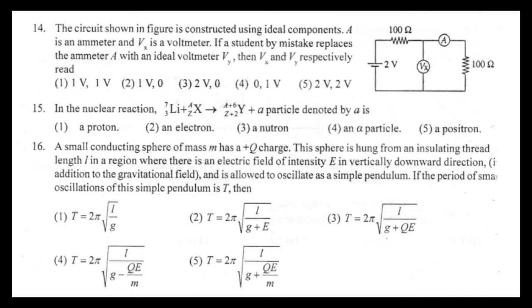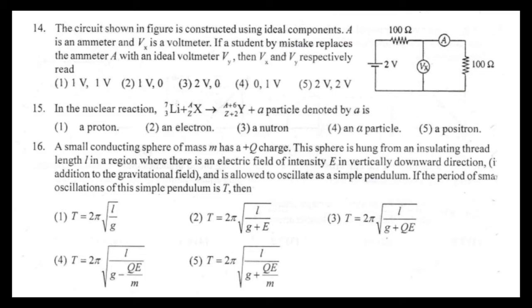Question 16. A small conducting sphere, mass m, charge plus q, is hung from an insulating thread of length L, and this is in a region where there is an electric field. The intensity of the electric field is E, and the direction is downwards. So in addition to the gravitational field, there is an electric field also, and this oscillates as a simple pendulum. They ask for the period of oscillations of the simple pendulum.